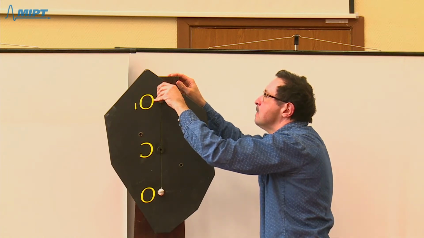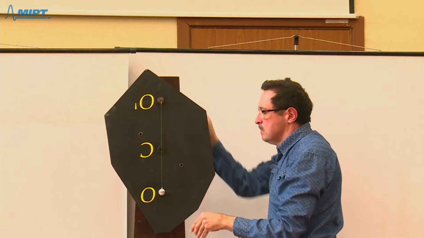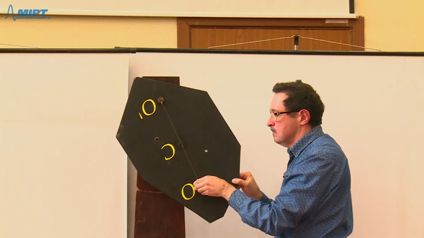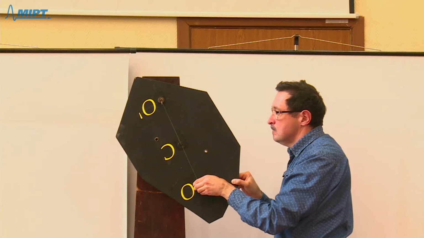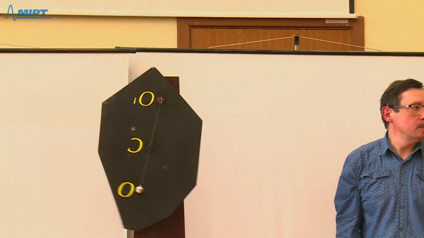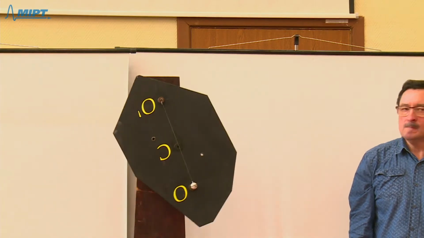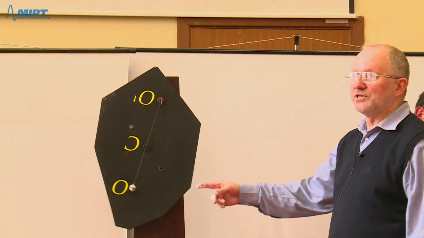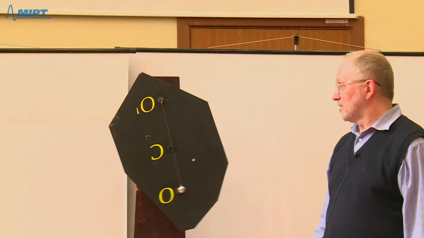We have 2 points of suspension, O and O prime, and for both we can calculate the reduced length according to this formula. The reduced length is the length of an ideal pendulum which has the same oscillation period as the physical pendulum.